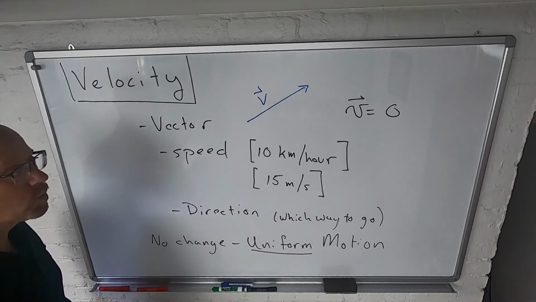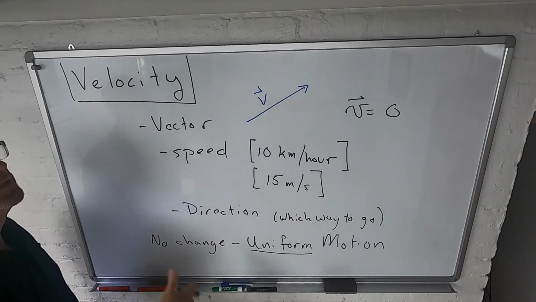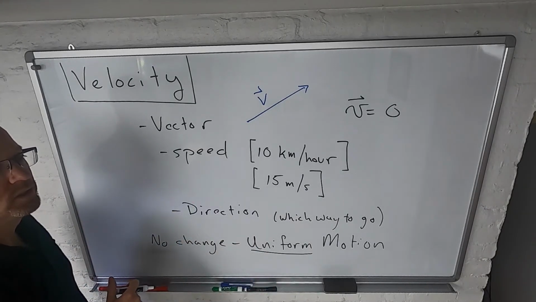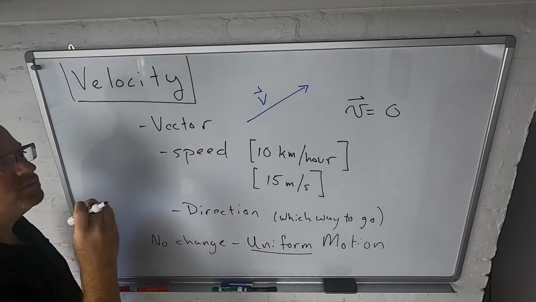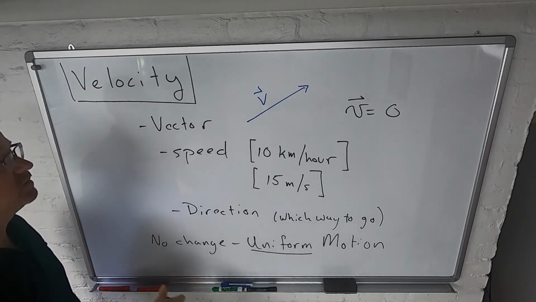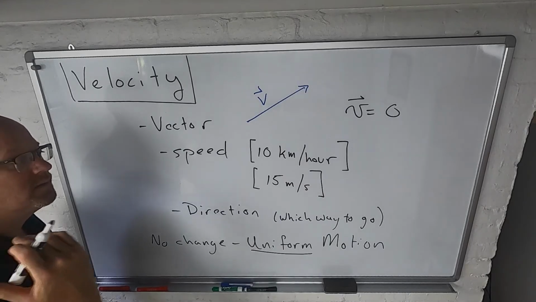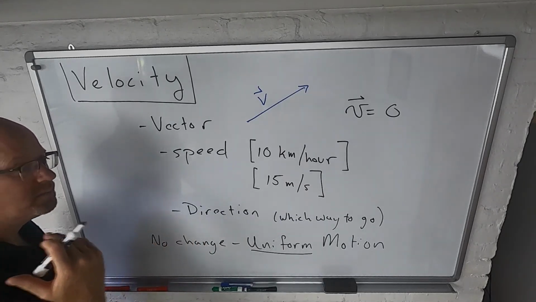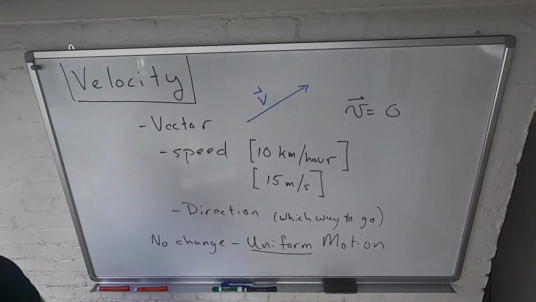There's no external force acting on that object to change its speed and its direction. So something being at rest obeys that law as well, and so does something moving at a constant velocity, whatever that velocity might be, even the speed of light. Moving with a constant velocity implies you have no external force acting on you. Okay.